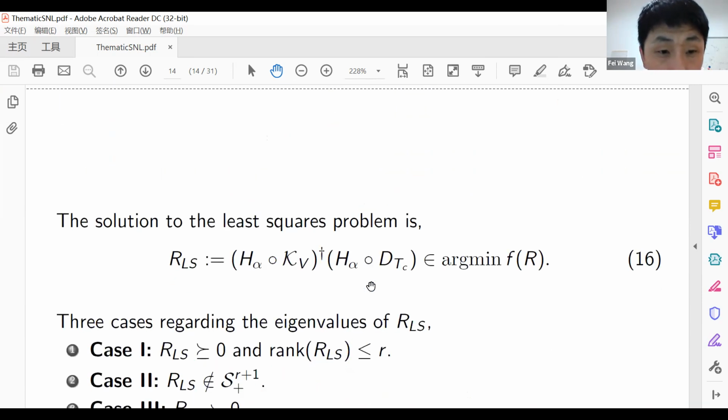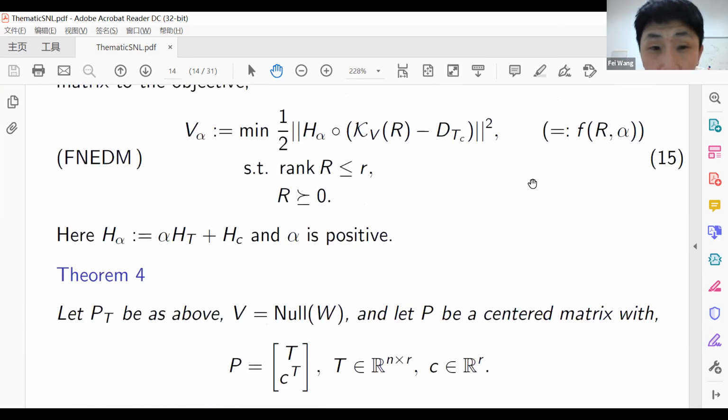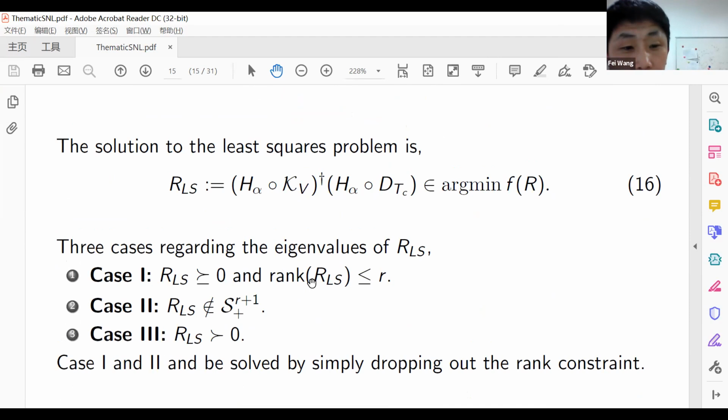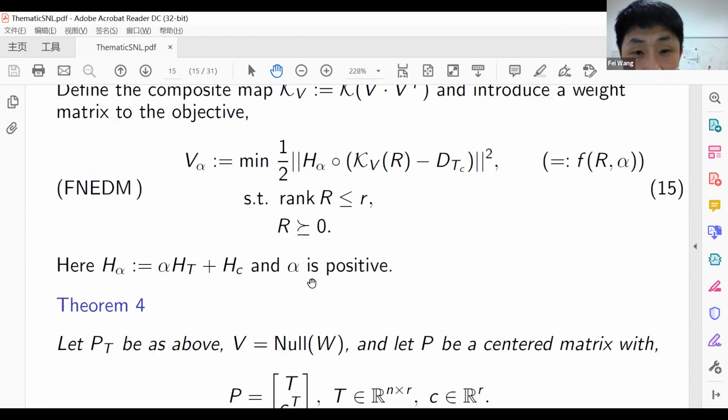So how do we solve this problem FNEDM? There are 3 cases. This problem is not convex because there's a rank constraint.